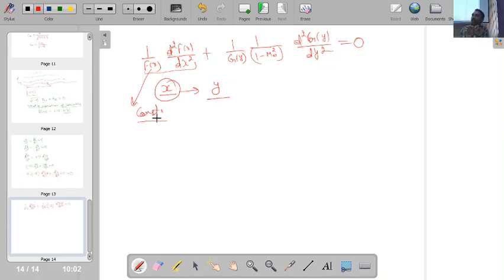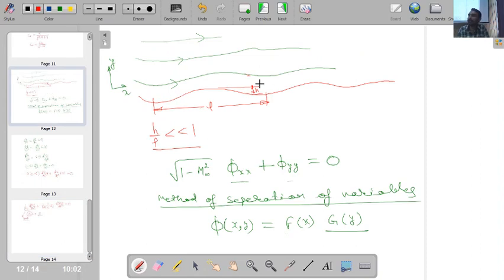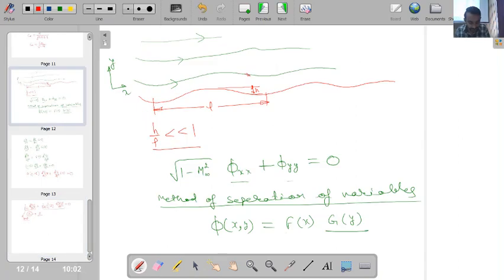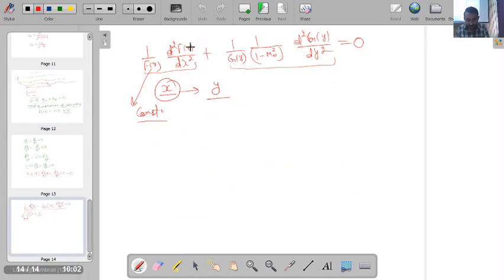If I fix x to a particular point in the flow field, the term involving solely x will be nothing but a constant, and in that case I will find that the y term will also be constant, because from this equation, if the first term is constant, then the entire other term will also be minus of that constant.